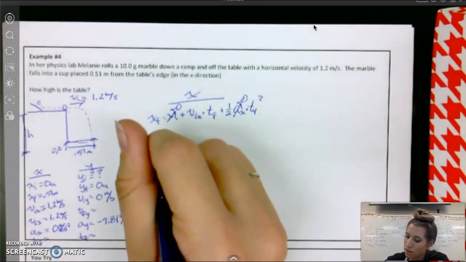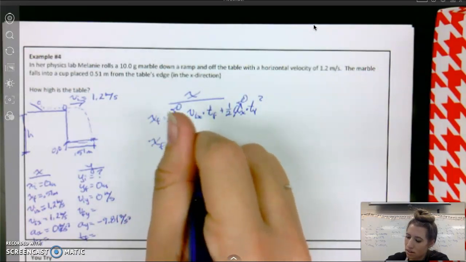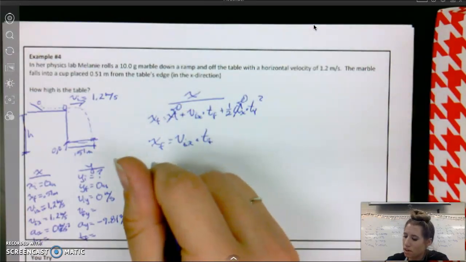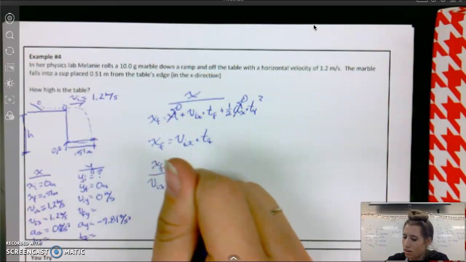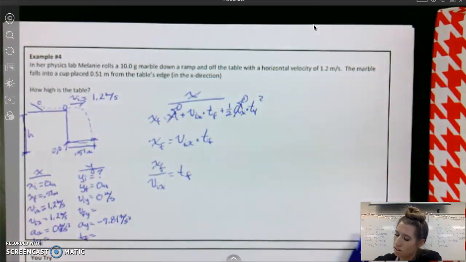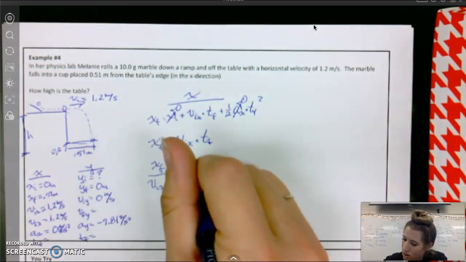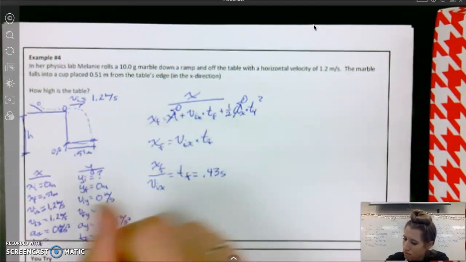So if I rearrange this, x final is equal to velocity initial in the x multiplied by time final. And we're solving for the time. So x final divided by velocity initial in the x will tell us the time. So x final 0.51 divided by velocity initial 1.2 gives us a time final of 0.43.